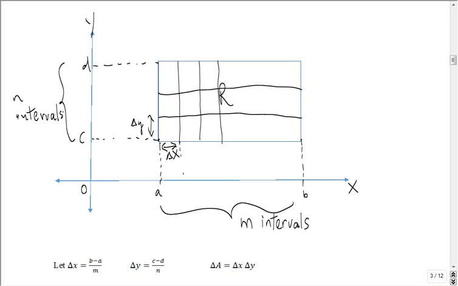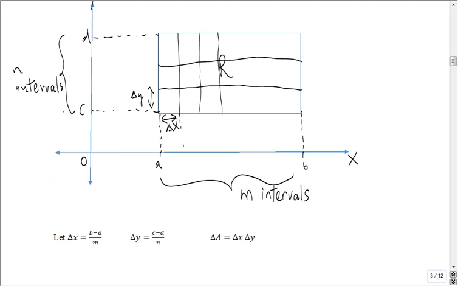Now, what is delta x and what is delta y? You calculate that the same way we did before. Delta x would be b minus a over m. Delta y would be c minus d over n. It should be the other way around, shouldn't it? Because d is bigger than c, right? So let's change this to d minus c over n.